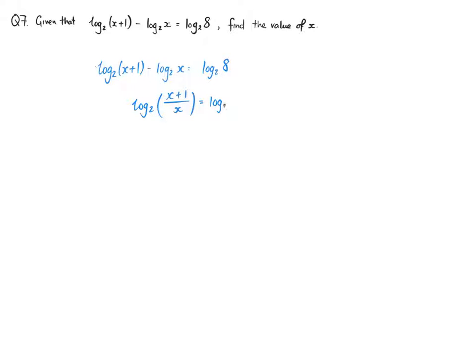Equals log to the base 2 of 8. And then we can equate what's in our logs, so cancel out the logs basically. So we get x plus 1 over x is equal to 8. So x plus 1 is equal to 8x. Take away x from both sides, 7x is equal to 1. So x is equal to 1/7.